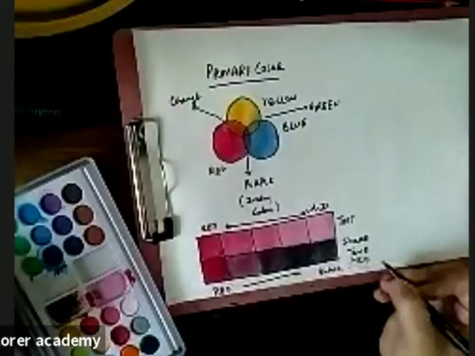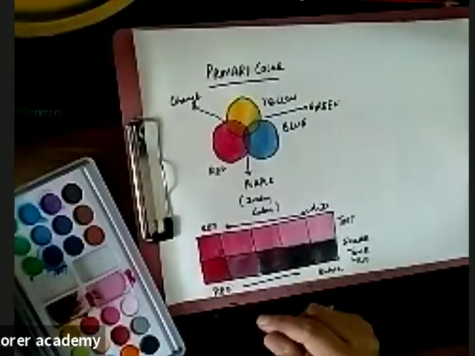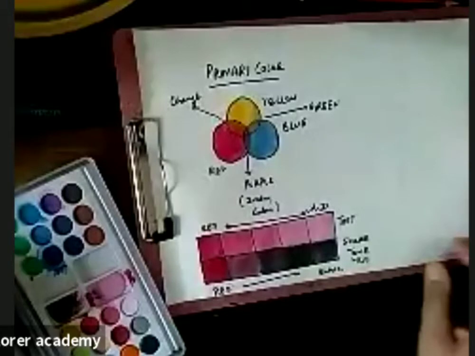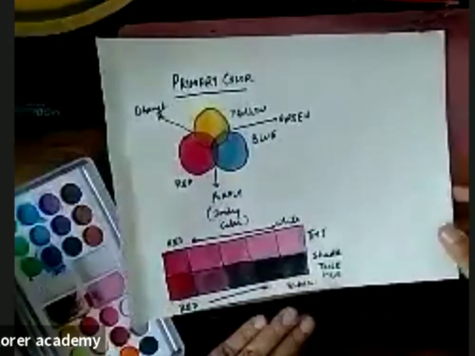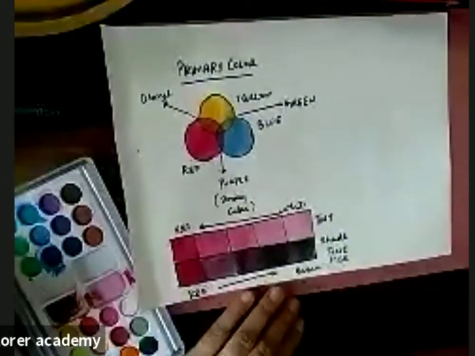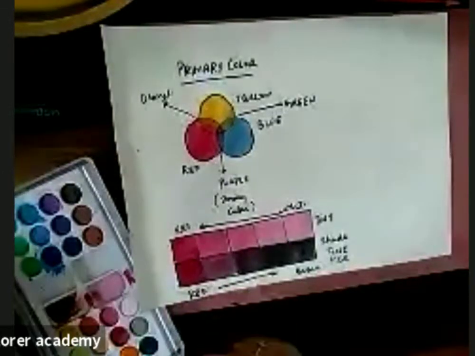Hue, you can say HUE. Okay. So now we will go towards the warm color and cool colors. I hope everybody is done with it. Or shall I wait? Wait. Okay.